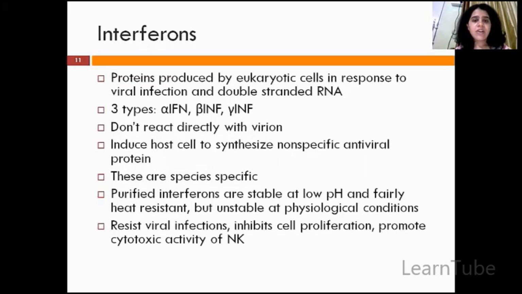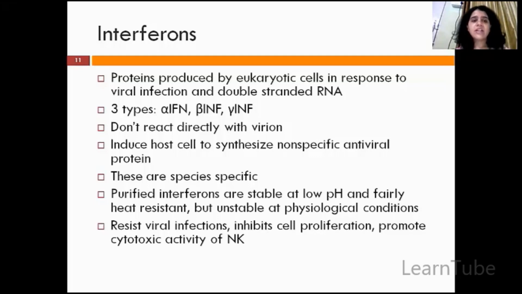Next is the interferons. Interferons are proteins which are produced by eukaryotic cells on exposure to viral infections and double-stranded RNA. So if you get a double-stranded RNA viral infection, the body will produce some proteins which are called interferons. These interferons are further divided into three classes: alpha, beta, and gamma.